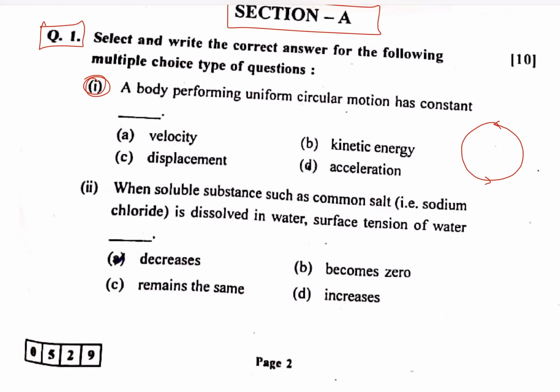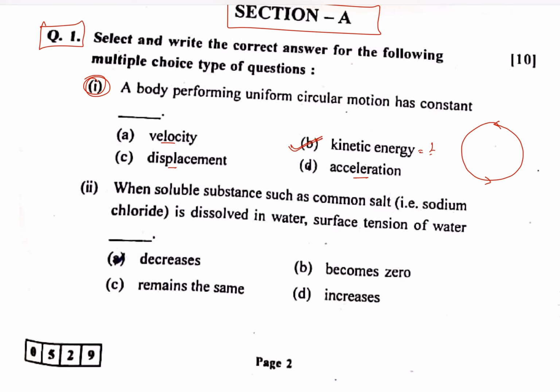So a vector quantity changes here, because a vector depends on the direction. Velocity is a vector quantity, so the direction changes, so velocity changes. Displacement is a vector quantity which depends on the direction. Acceleration is also direction dependent. So kinetic energy is the scalar quantity.